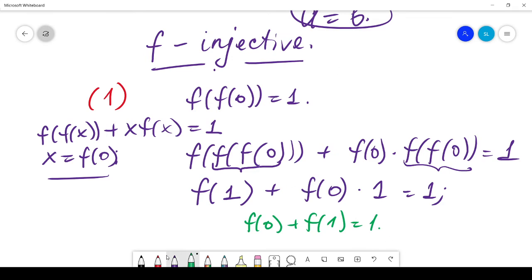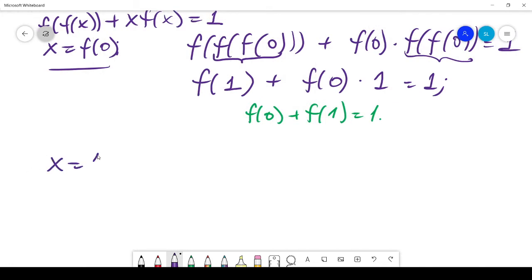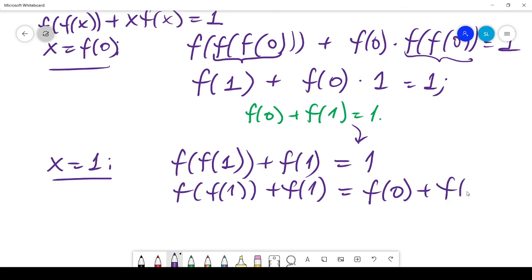And finally, let's plug in x equals 1. What do we have now? f of 1 plus f of 1 is equal to 1. But f of 1 plus f of 1 equals, well, this one I can replace by this, and we have f of 0 plus f of 1. F of 1 cancels out.